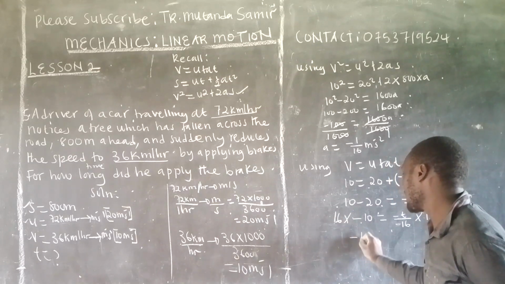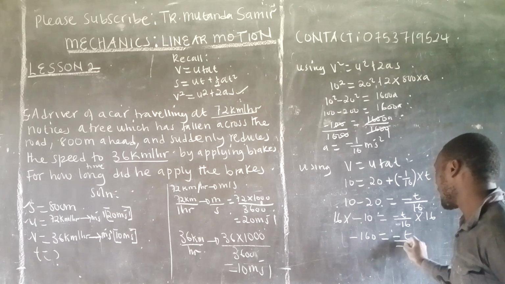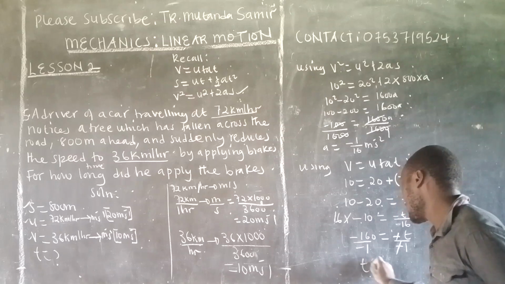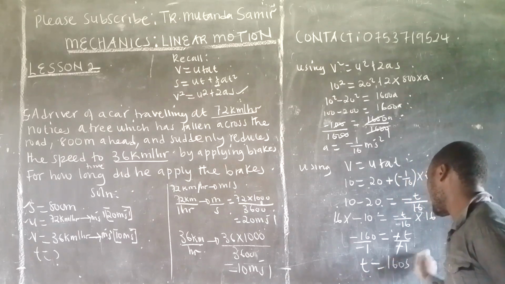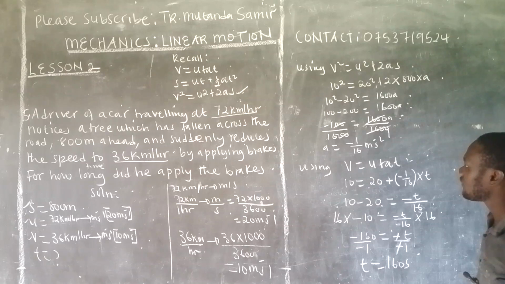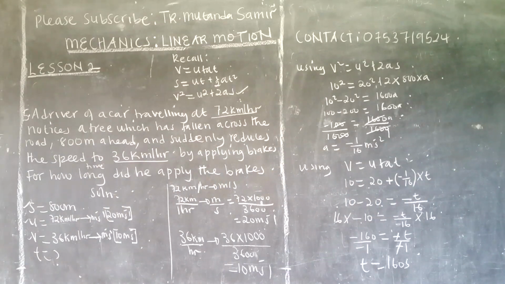So you shall get negative 160 is equal to negative T. Divide both sides by negative 1. So now T will be equal to 160 seconds. Oh, is that so? If I'm not mistaken, did we even divide well? Let's cross check, please.